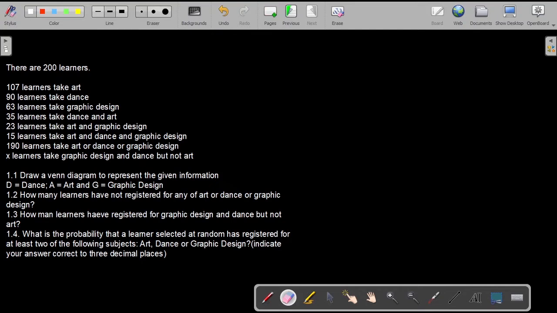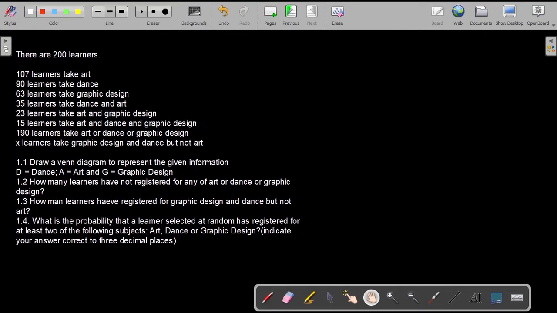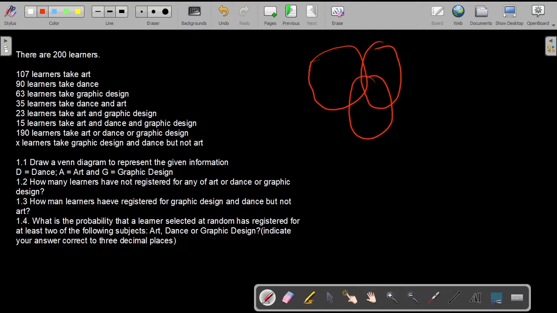So now let me just read the last four statements that I have. I don't remember where it was, but let me just continue from here. 15 learners take art and dance and graphic design. So we do expect to have some sort of intersection of all of them, because we're told that there are at least 15 or exactly 15 learners that take art, dance and graphic design.